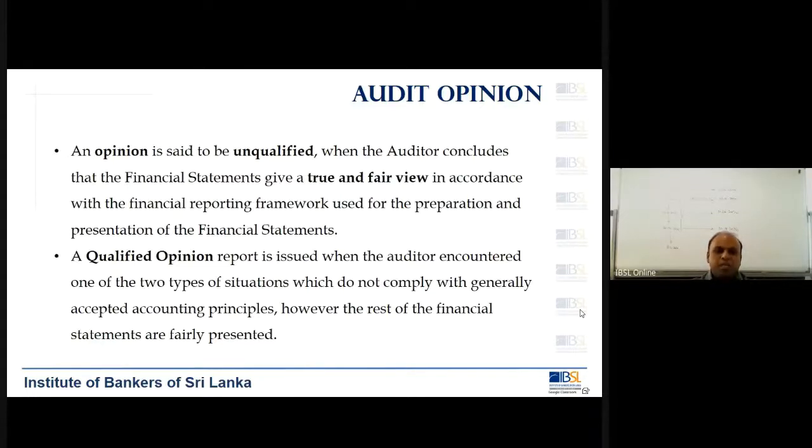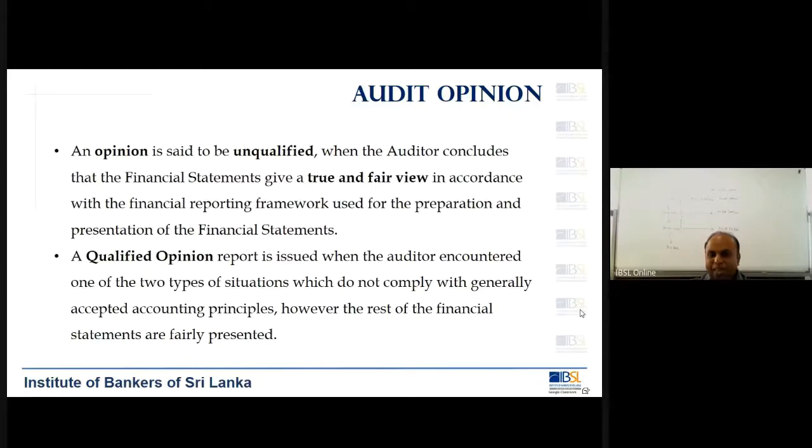An opinion is said to be unqualified when the auditor concludes that the financial statements give a true and fair view. Can you remember what a true and fair view is? In accordance with the financial reporting framework used for the preparation and presentation of the financial statements. So if your financial statements are giving a true and fair view, it means there is no problem, everything is perfect, there are no lapses of internal control.